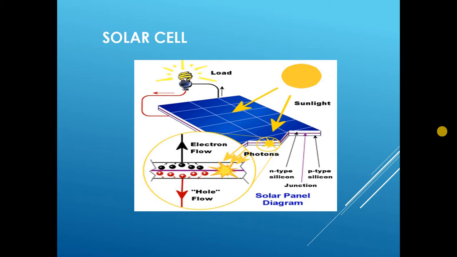When these are absorbed by the semiconductor material such as silicon, electrons in the cell are broken loose from their atoms, allowing them to flow through the material to produce electricity.